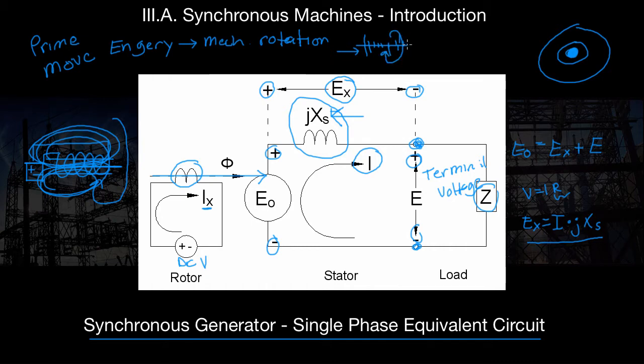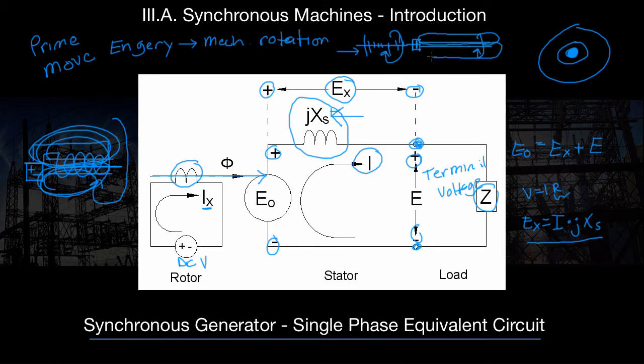Then we draw a coupling. The turbine is mechanically connected to our rotor, so as our turbine spins, so does our rotor. And we know that along this rotor is one big magnetic field.